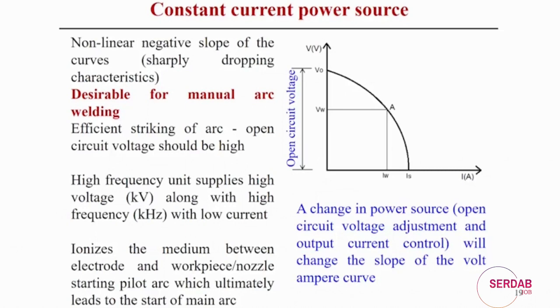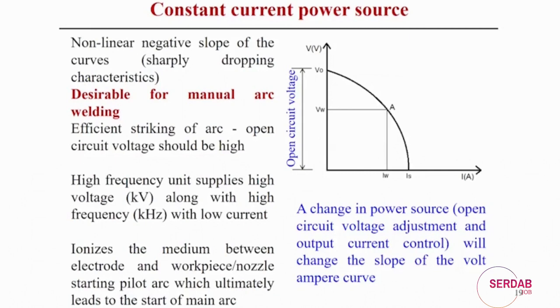So, here you can see two types of power source, one is the constant voltage, another is the constant current. The constant current power source is suitable for the manual arc welding process, and the constant voltage power source is suitable for the automatic arc welding process.